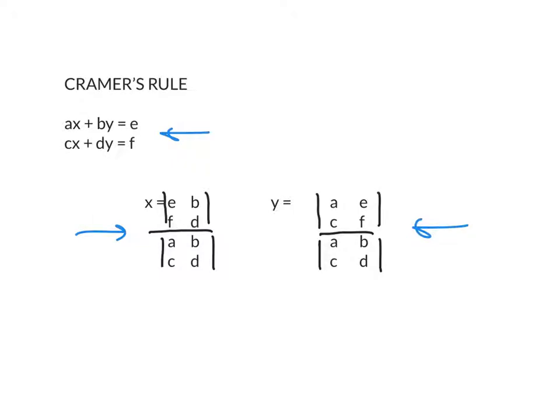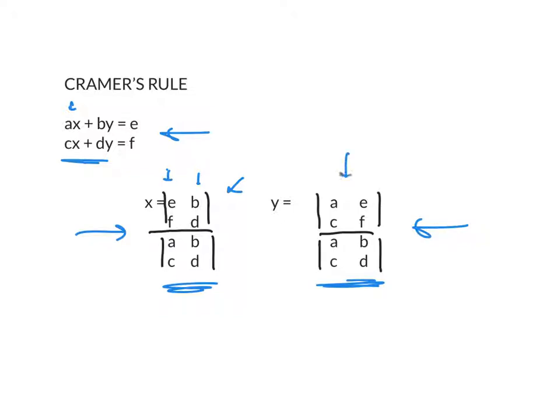But anyway, if you're looking for x, what you're going to do is a 2 by 2 determinant on the top, and you're not going to use the x coefficients. You're going to use the e and the f instead, but you are going to use the y. On the bottom, you're going to use what we call the coefficient matrix, which is a, b, c, d, because they're always coefficients. The same denominator on the y, a, b, c, d, the coefficient matrix.